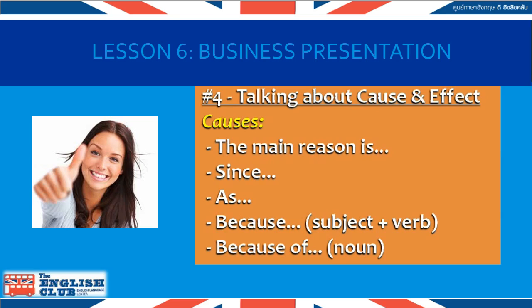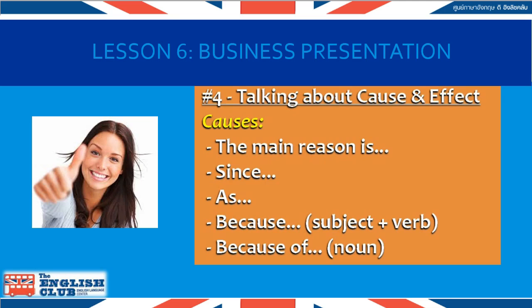Phrases to describe causes. The main reason is, since, as, because of. The difference is that because is followed by a subject and verb, and because of is followed by a noun.